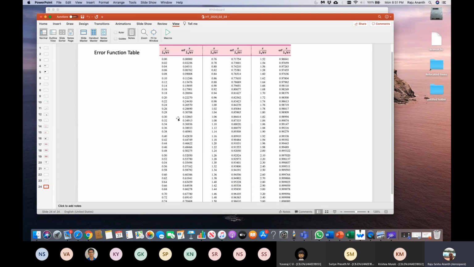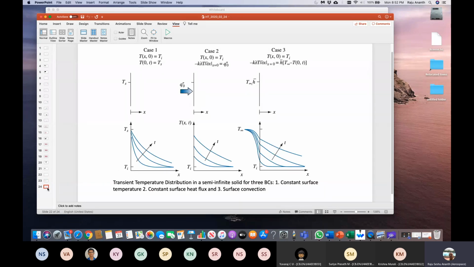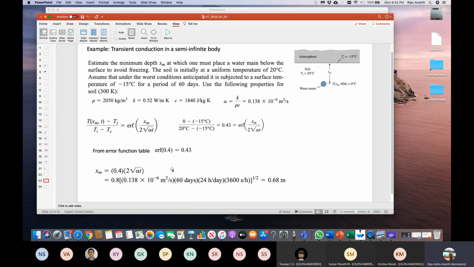So the error function is 0.43, and I need to calculate the argument. Approximately, the argument is about 0.4.